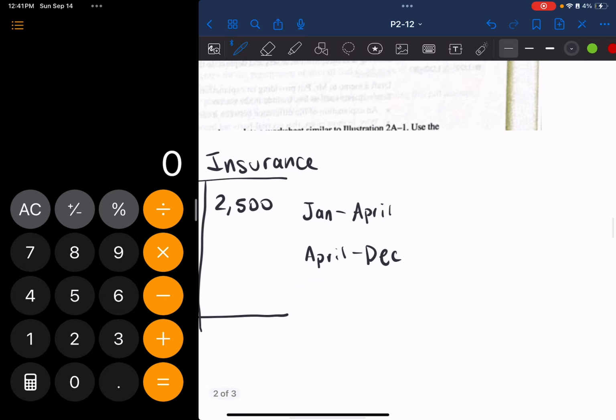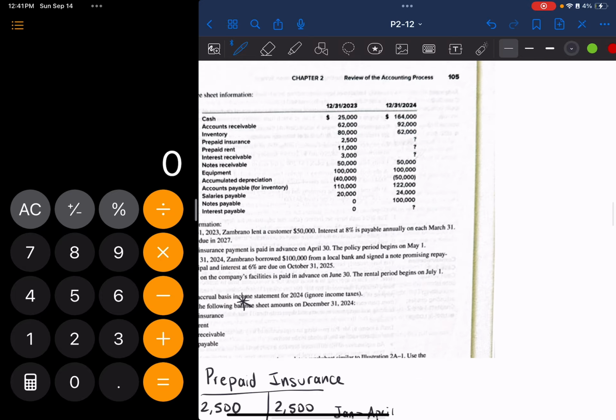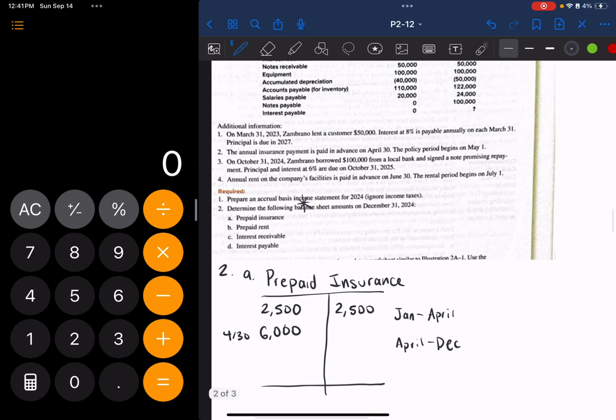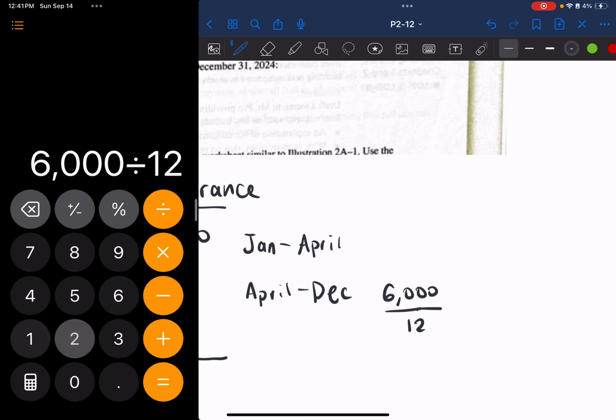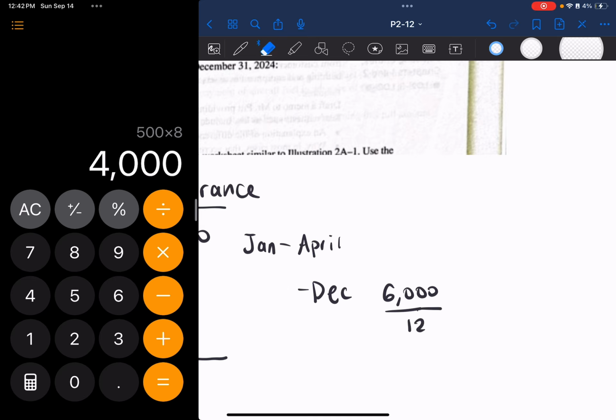So to do this, you take the $6,000 divided by 12. And you multiply by how many months. So it's 8 months. Technically, this isn't April, actually. This would be May 1st.